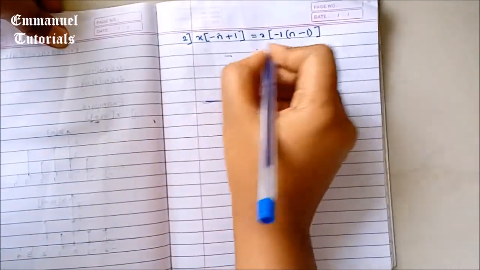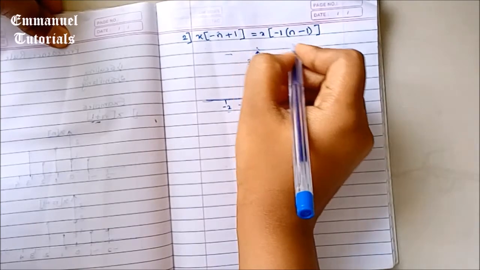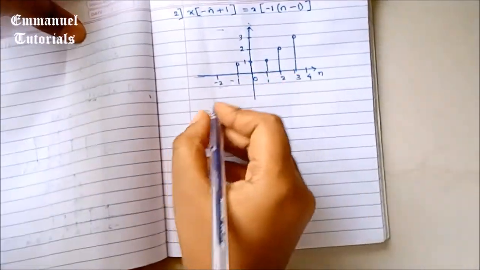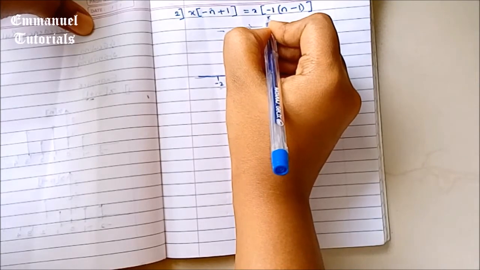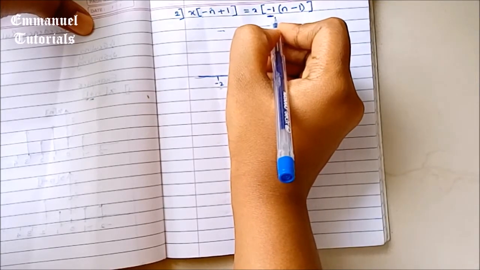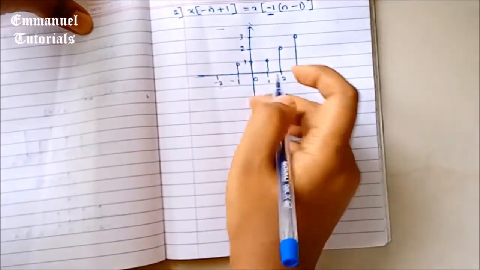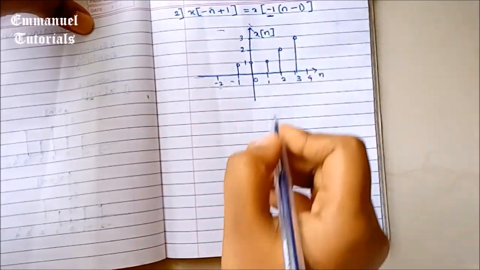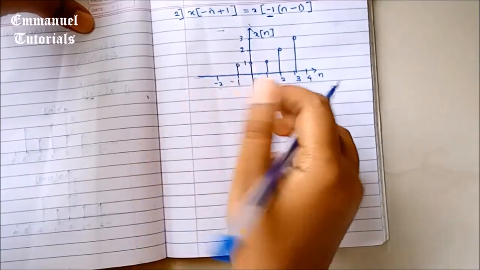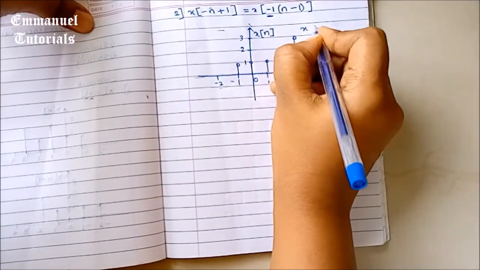So using the time scaling operation, what we have to do is only apply the scaling, that is -1, to the original waveform x of n. So if we do that, it will become x of -n.